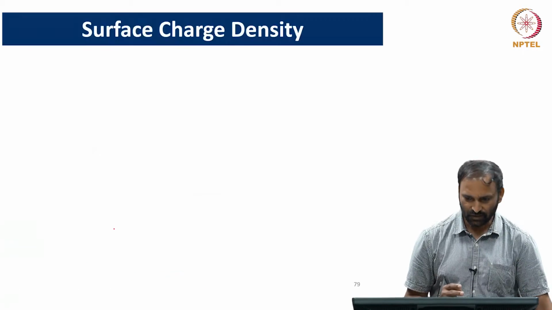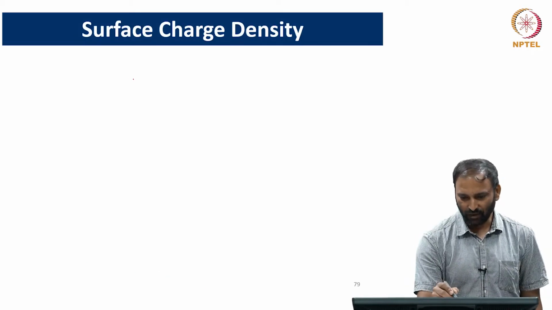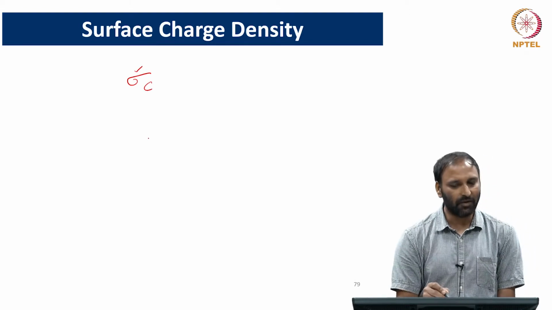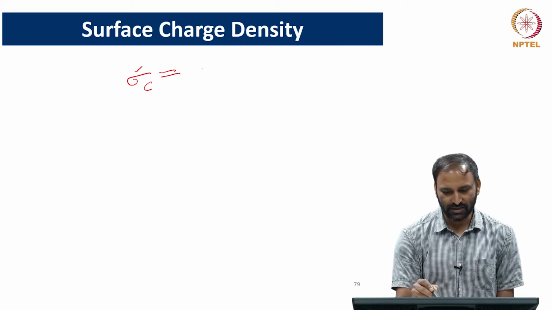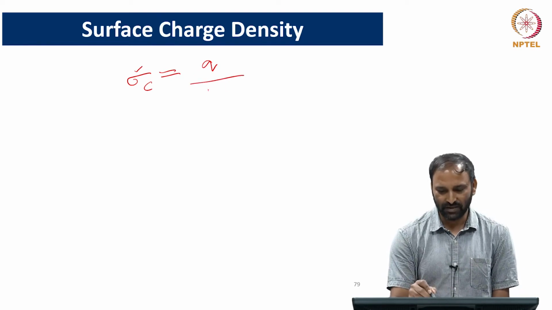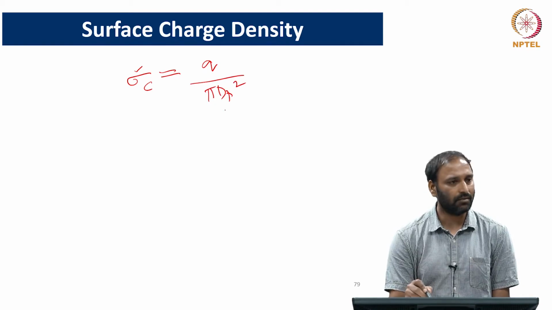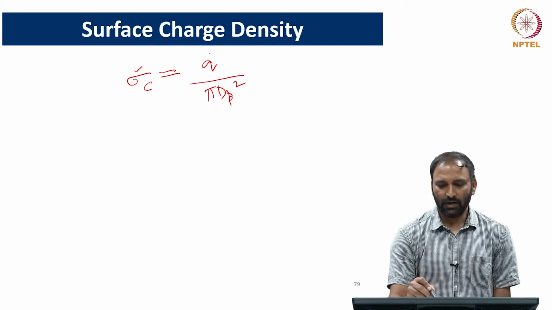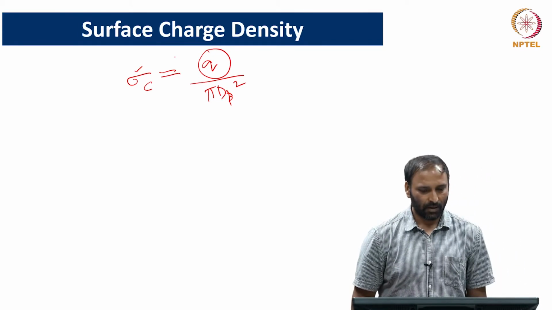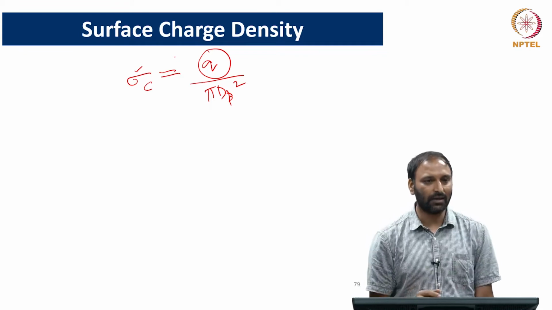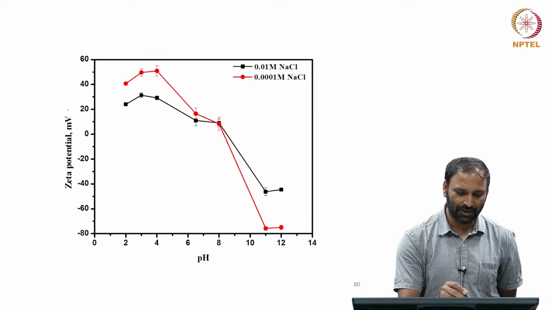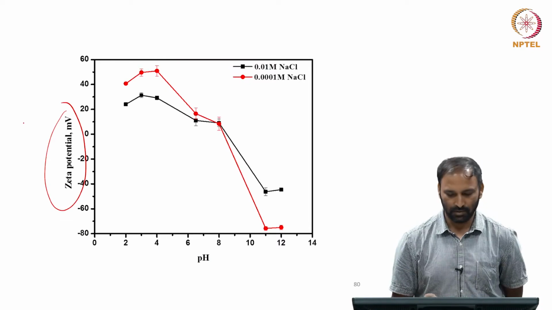We have already defined the surface charge density, sigma, which is the total charge Q on the particle surface divided by pi dp square. There are different ways by which you can get Q; we will talk about that in detail a little later. At this point, I do not know how many of you have heard of a parameter called zeta potential.